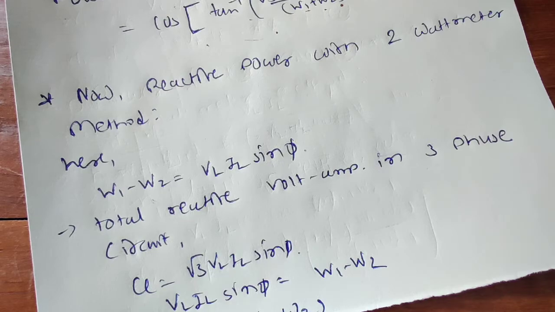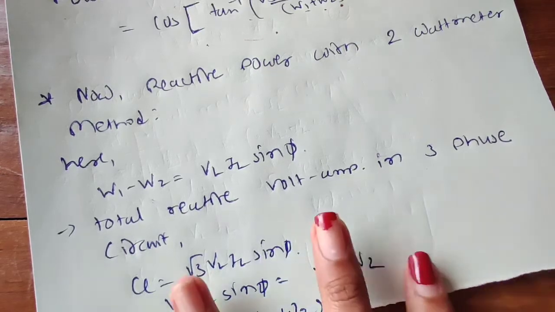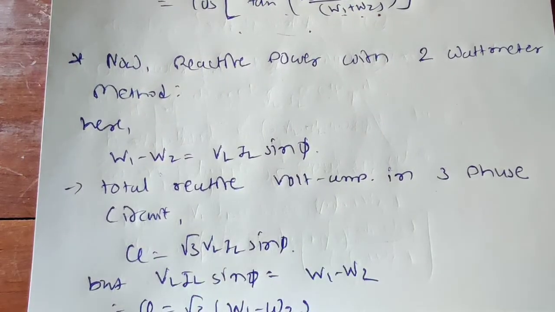For a balanced load, it is possible to measure the power factor along with the power. We need to use only 2 voltmeters to measure the power in a 3-phase circuit. It is also possible to measure the reactive volt ampere for the balanced load. All these things are advantages of the 2 voltmeter method.